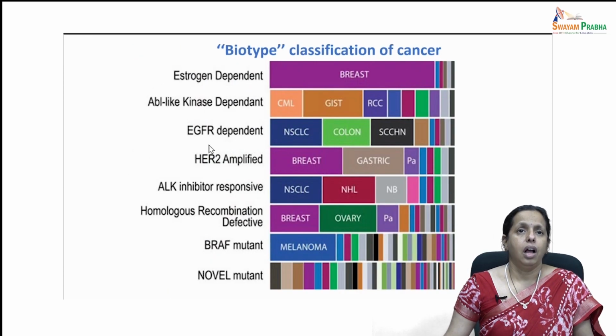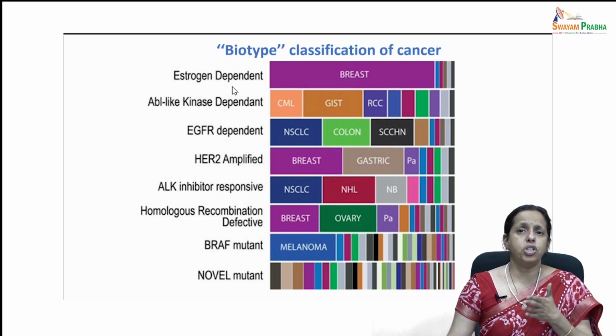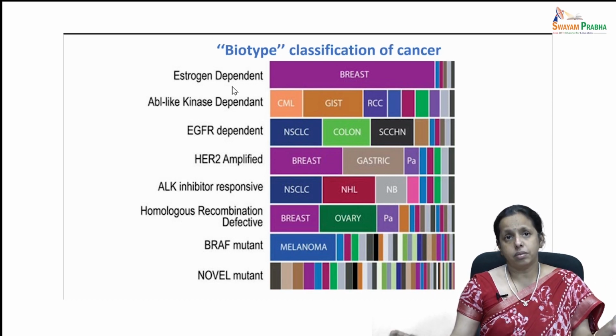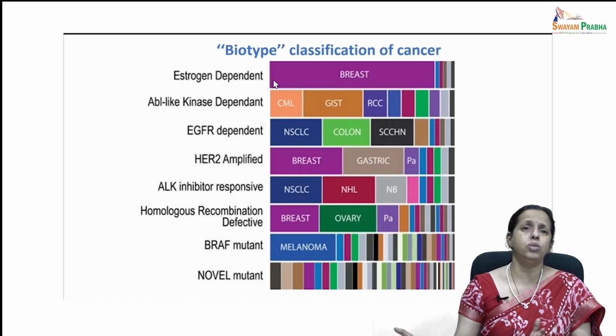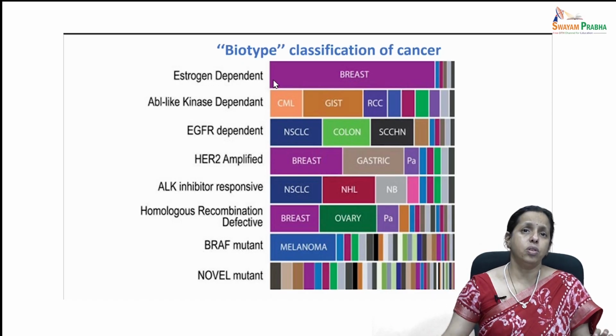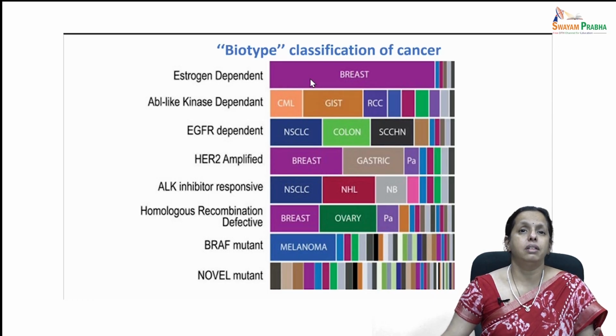What we saw in the earlier slide showed the classification of cancers according to the different organs. Now, for example, you just reverse your X and Y here, so you have your biotype classification. Estrogen dependent is the breast, where you have several subtypes, then ABL like kinase dependent.